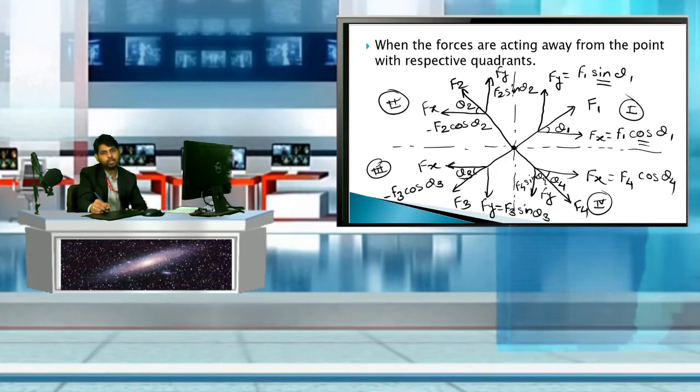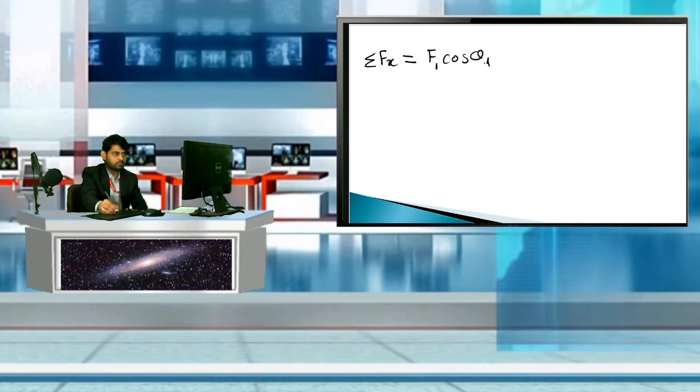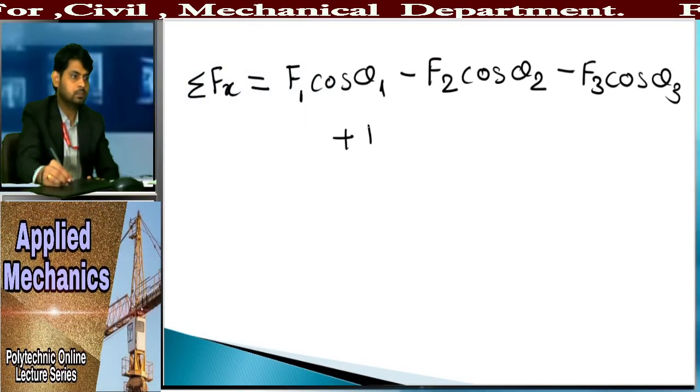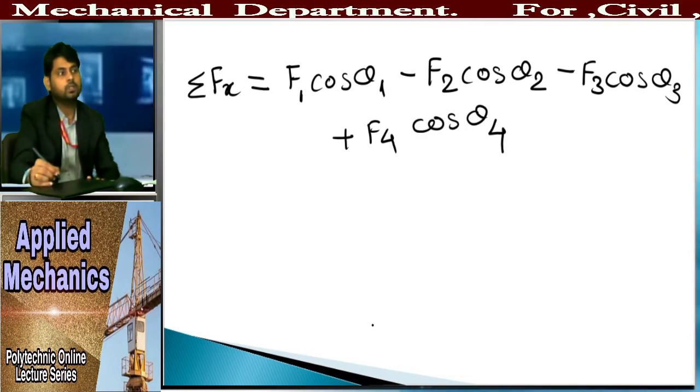And this fourth one goes in the fourth quadrant, where the value of x is positive. So these two we have to take positive and these two negative. So your force would be like this: F1 cos theta 1 minus F2 cos theta 2 minus F3 cos theta 3 plus F4 cos theta 4. So this is our force.